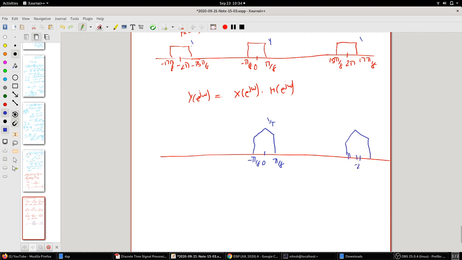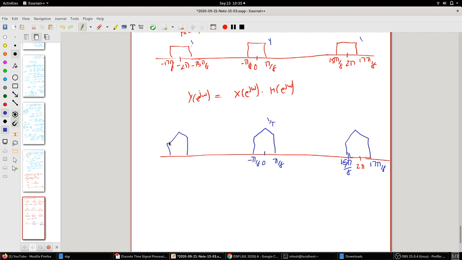Okay, so this is what you will get. So this is 15 pi by 8, this is 17 pi by 8. Same thing will be here.